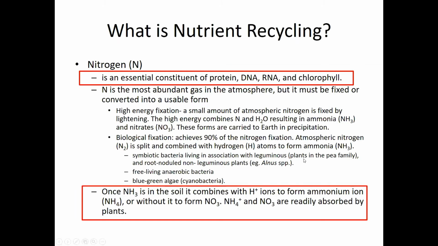And this is just a pretty busy slide concerning nitrogen, but I've highlighted or circled the salient importance about nitrogen and what it's a constituent of: proteins, DNAs, RNAs, chlorophyll in leaves.